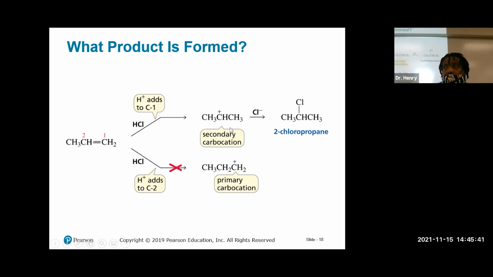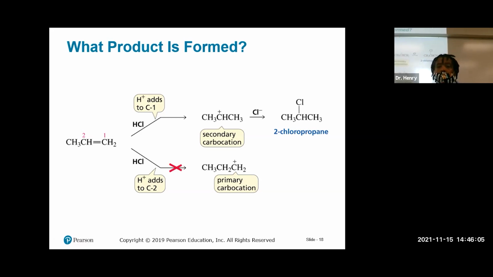So then that carbon, the secondary carbon, is going to be the carbocation. And then the Cl is going to attach to that, causing the chlorine to be on the second carbon, not on the first. And this isn't going to happen, again, because of the rate of the reaction.